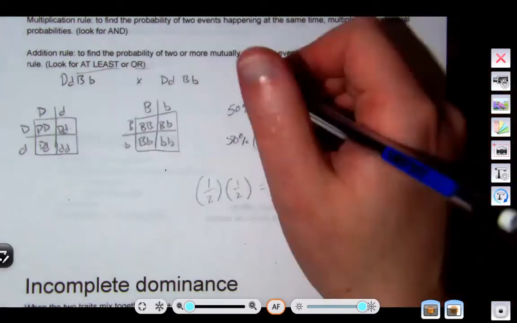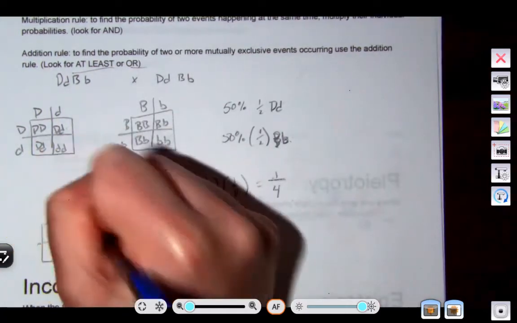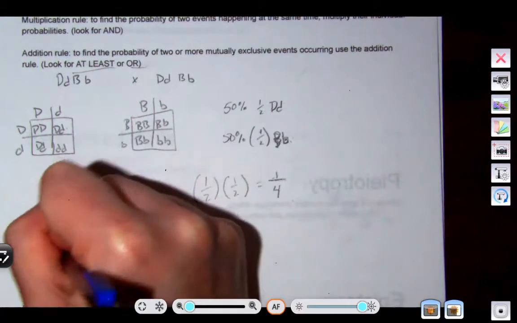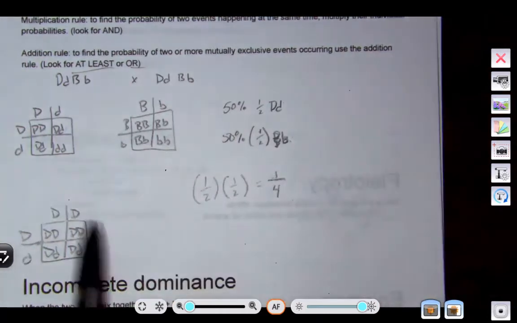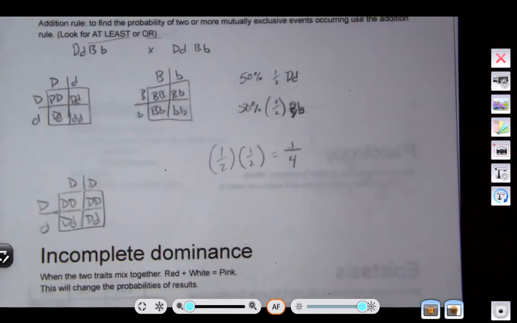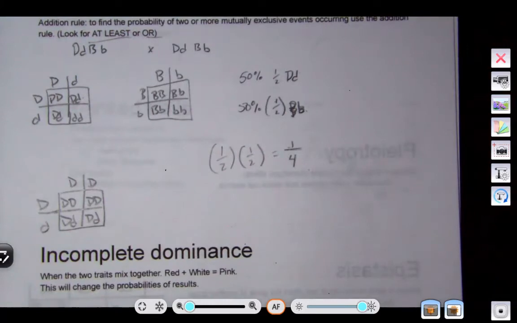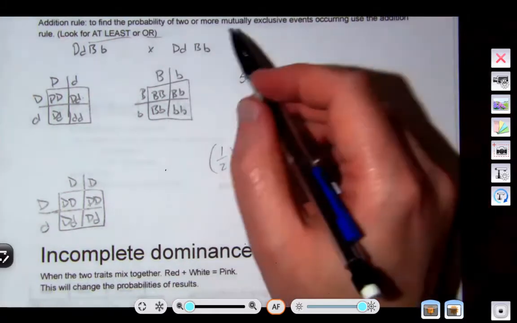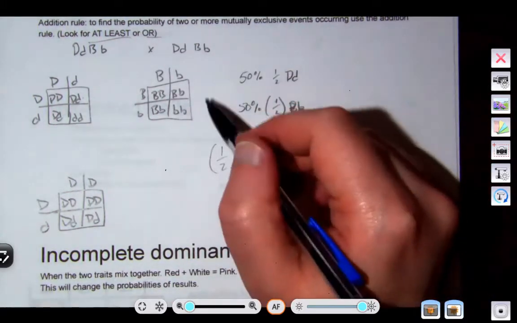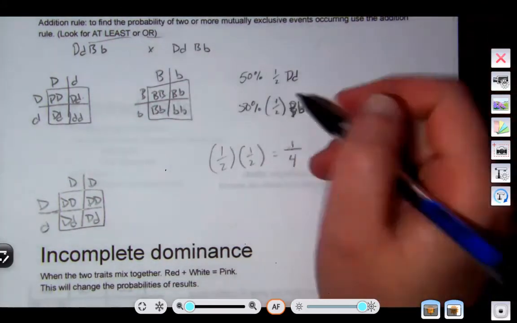Another example: if something is homozygous dominant crossed with heterozygous, you end up with all the same phenotype, but a 50-50 chance of being big little and big big. By just remembering these percentages, solving these problems becomes a little easier than looking at Punnett squares. You don't always use them. If you think you can get away with doing a 4x4 Punnett square and you want to, go for it, but understand that it takes a lot more time.